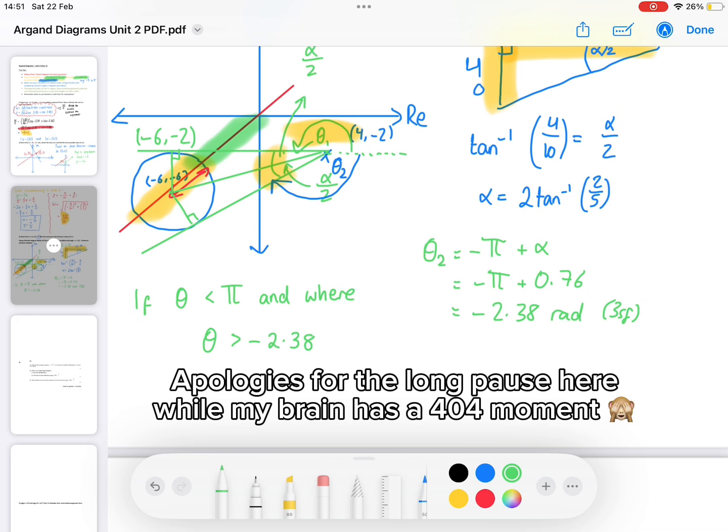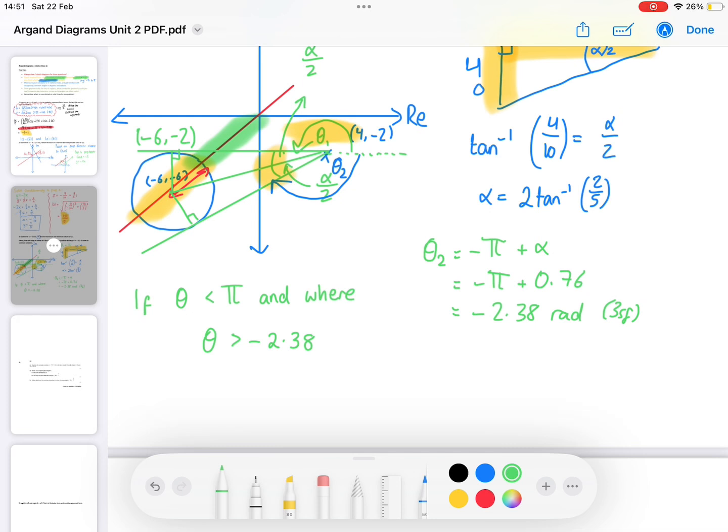So theta 2 is minus 2.38 radians. And if it's less than pi or more than minus 2.38, so yes, in this range, there are no common solutions. And that's the answer to that part of the question.